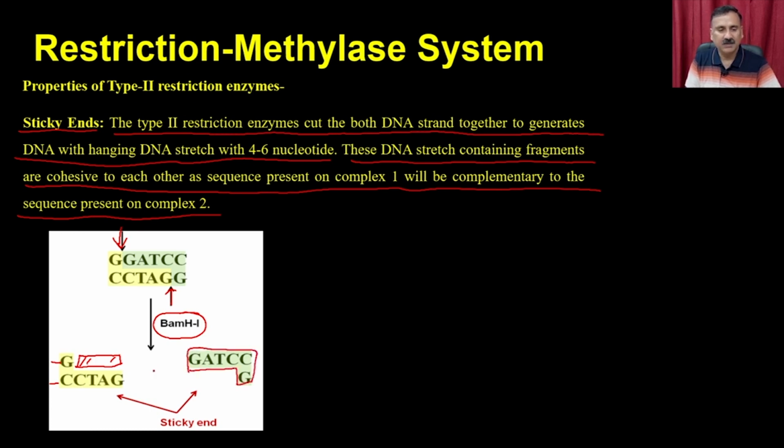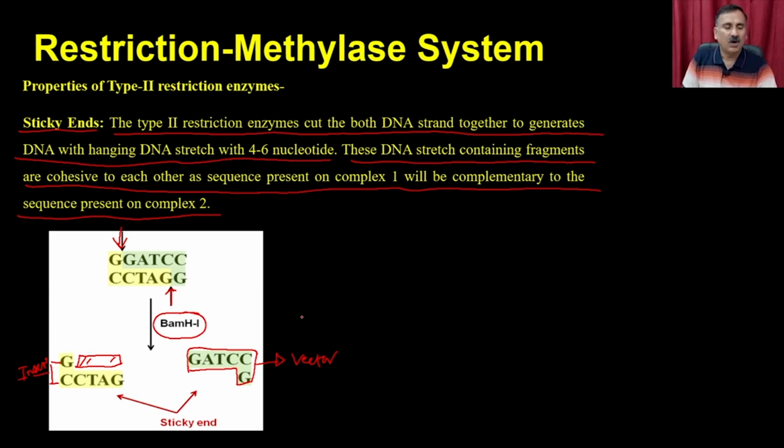So that's why these two are going to have the sticky end. You can imagine that if this is from the vector and this is from the insert, and you put them together, they will come together and make bonds. So that's why these sticky ends are very useful in molecular cloning.